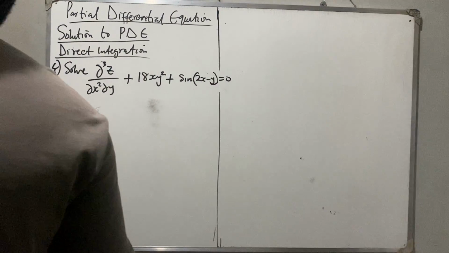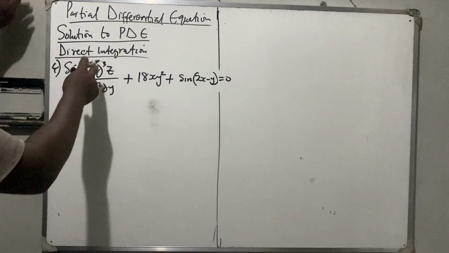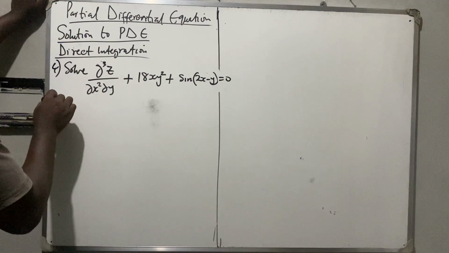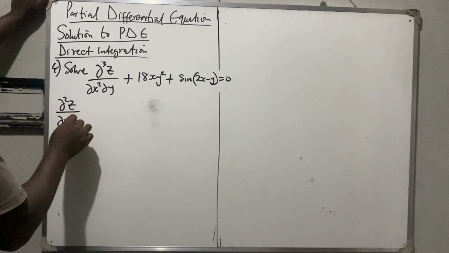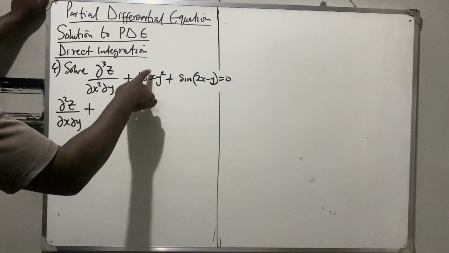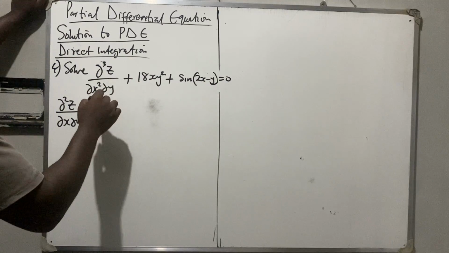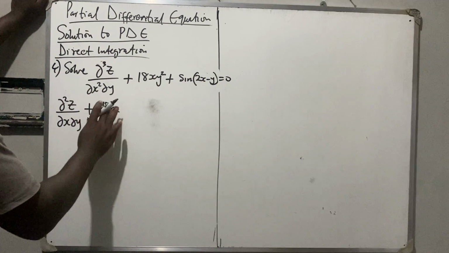So what do we do here? We integrate with respect to x two times, and then with respect to y. To integrate with respect to x, the same method. So I'm going to have partial squared z over partial x partial y, plus, integrating with respect to x, add 1 to the power, divide by the new power. 18 over 2 will give you 9.